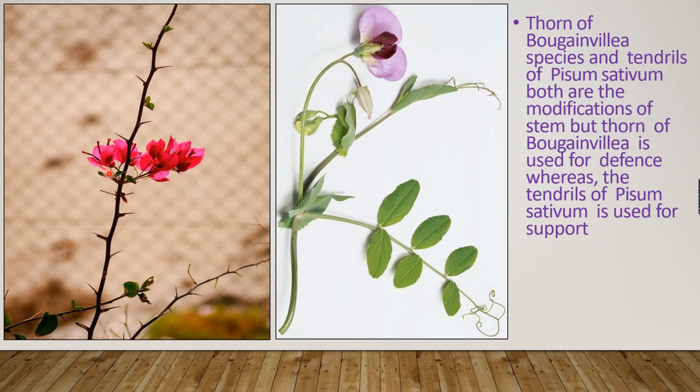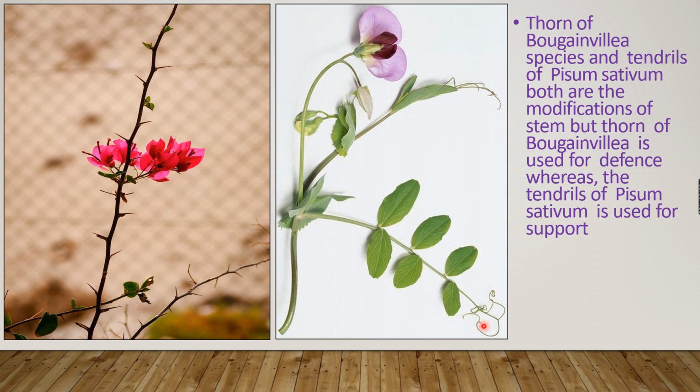Now one more example I'll show to you. This is the bougainvillea plant, and this is the pea plant, Pisum sativum. Here you can see in the bougainvillea plant the thorns arise, and here the tendrils of the pea plant, and both are modifications of the stem. Stem modification leads to the formation of thorns in bougainvillea and tendrils in the pea plant.